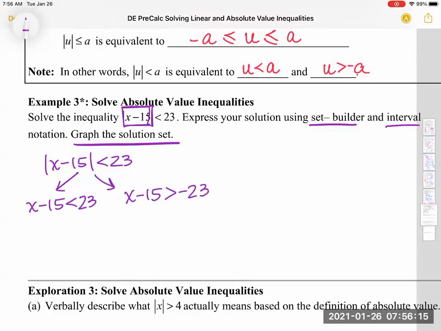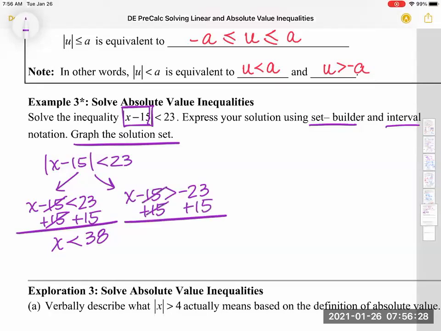Add 15 to both sides, so x is less than 38. And then add 15 to both sides, so x is greater than negative 8.